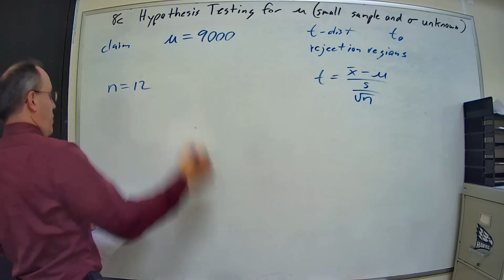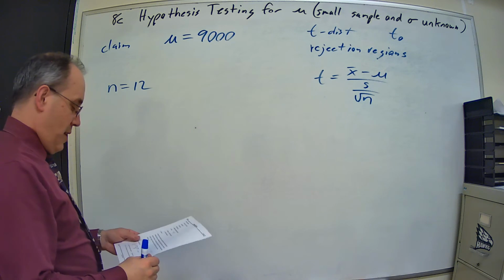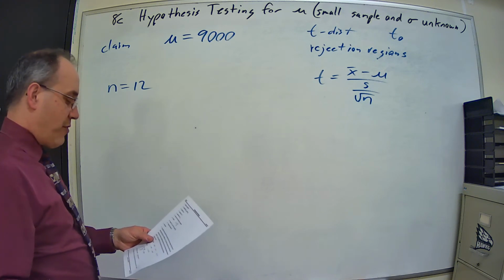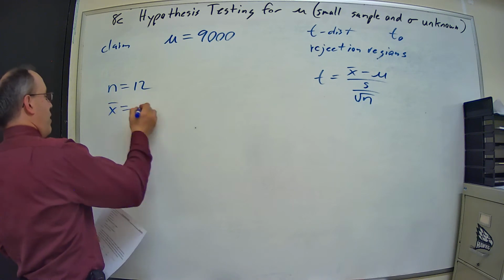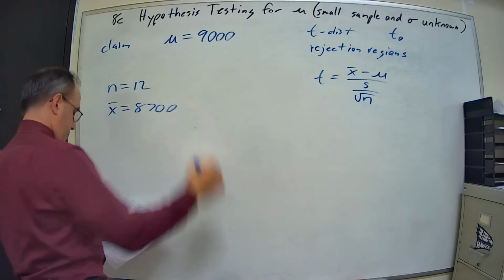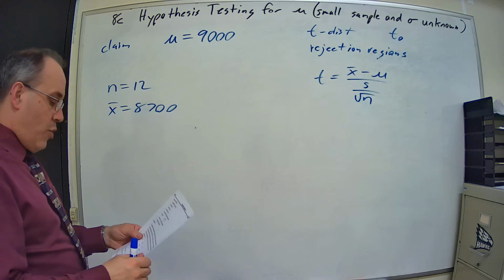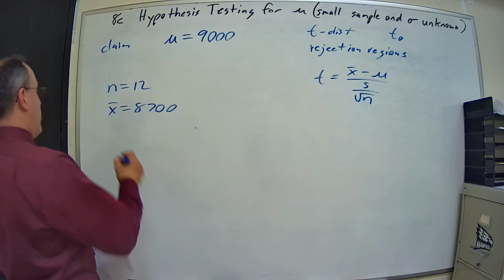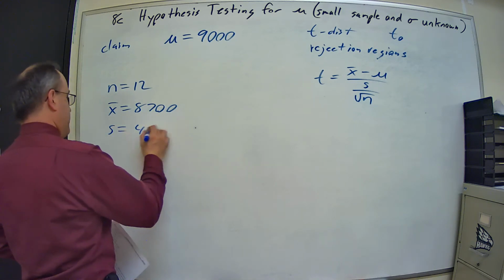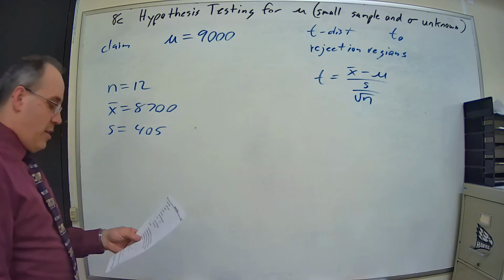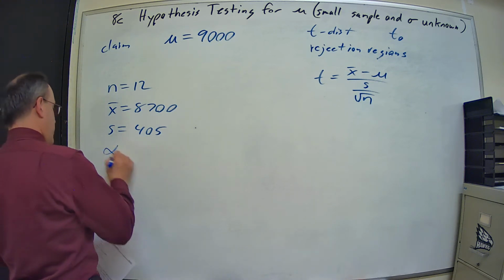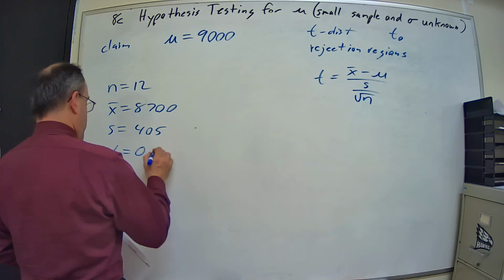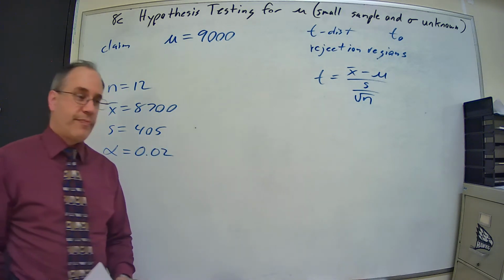N is equal to 12. And find that the average number of cough drops sold per pharmacy is 8,700, X bar. With a standard deviation of 405, S. What statement can you make about the claim at a 0.02 significance level? Alpha is equal to 0.02.